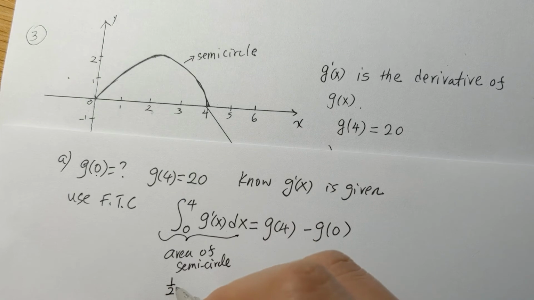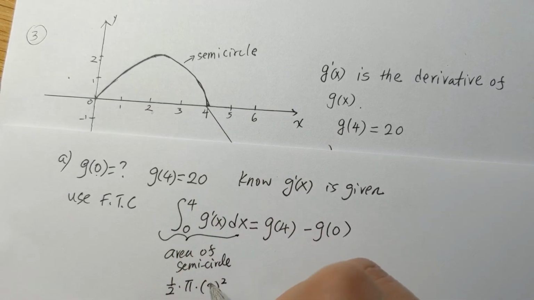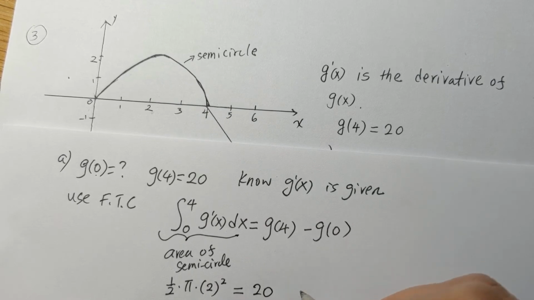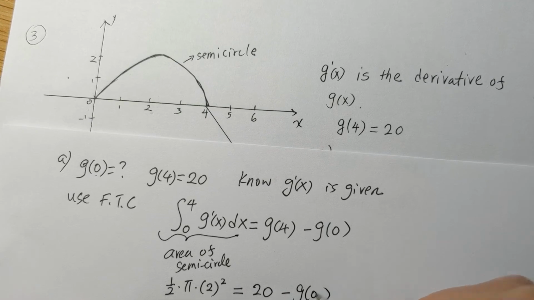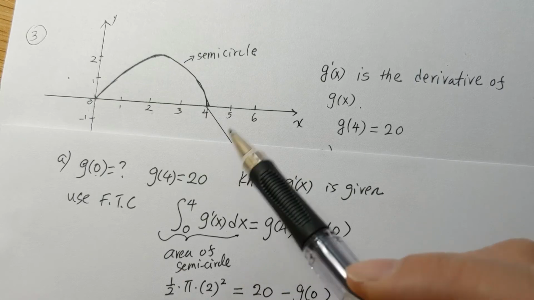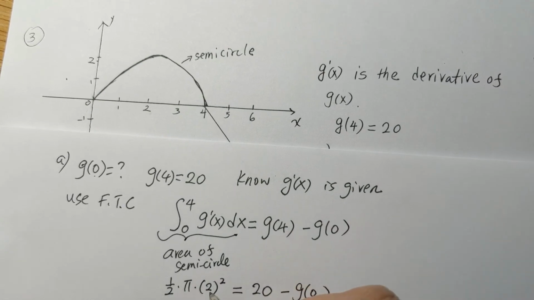So we get 1/2 times pi times the radius squared, which is 2. And we know g of 4 is 20, and we have to find g of 0. So one more time, this equals 1/2 pi r squared because it is above the x-axis. We calculate: 4 divided by 2 times pi, so we got 2 pi equals 20 minus g of 0.